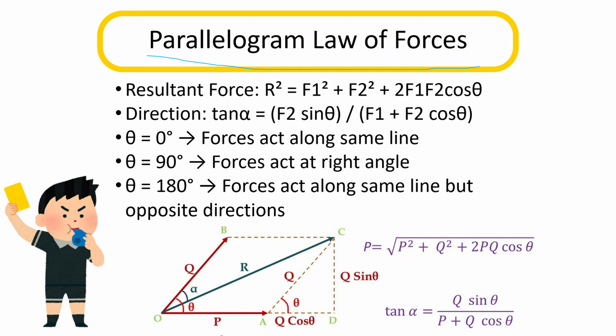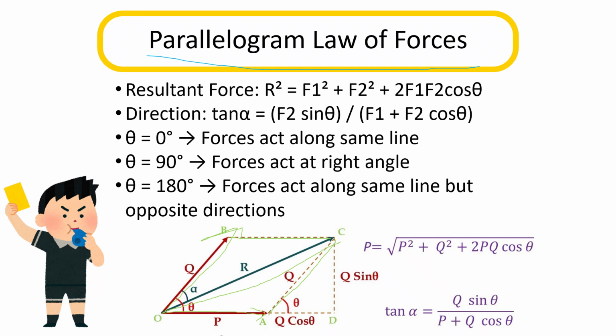In the parallelogram law of forces, we see that if a force is acting in this direction, that is OB, and the other force is acting in OA direction, so the resultant force will be R, and if we join these both, it will make a parallelogram.